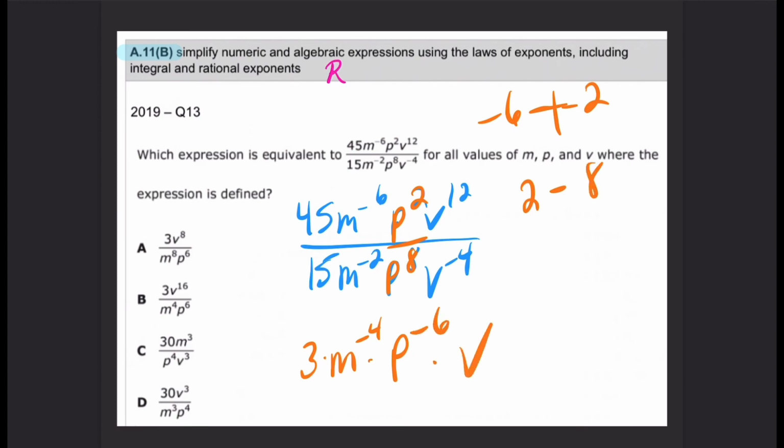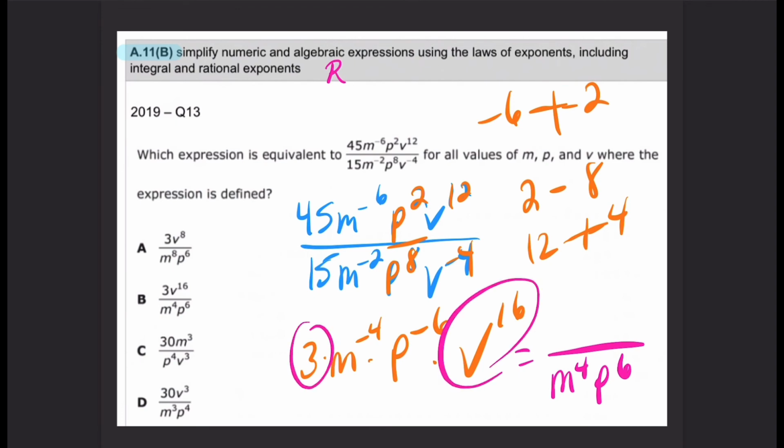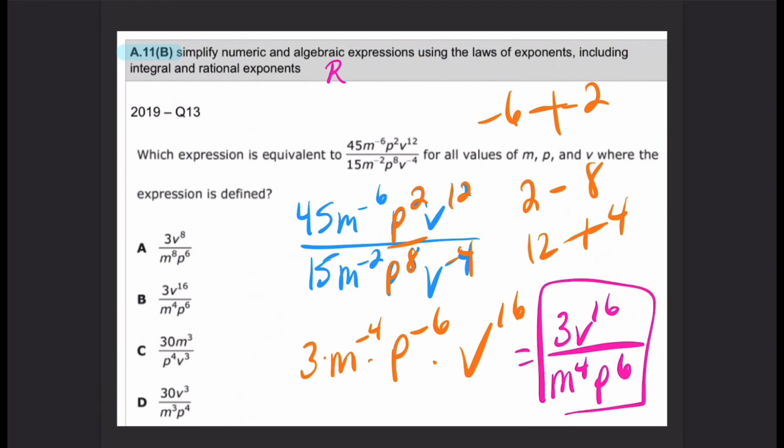When you do the v, 12 minus negative 4, this turns into a plus, gives you 16. We are not finished because I see negative exponents, so we are going to make those positive by sending those to the bottom. The 3 and the v to the 16th power stay in the numerator, making our final answer B.